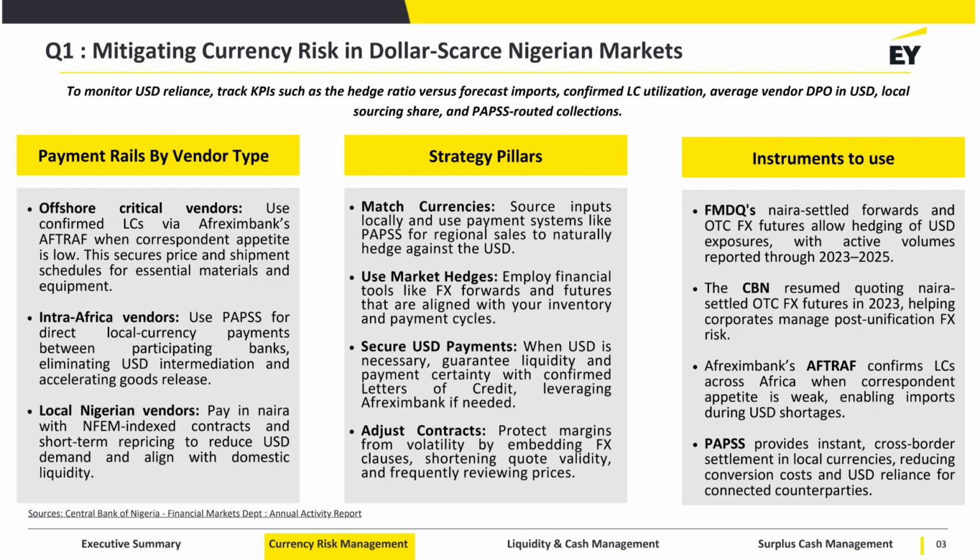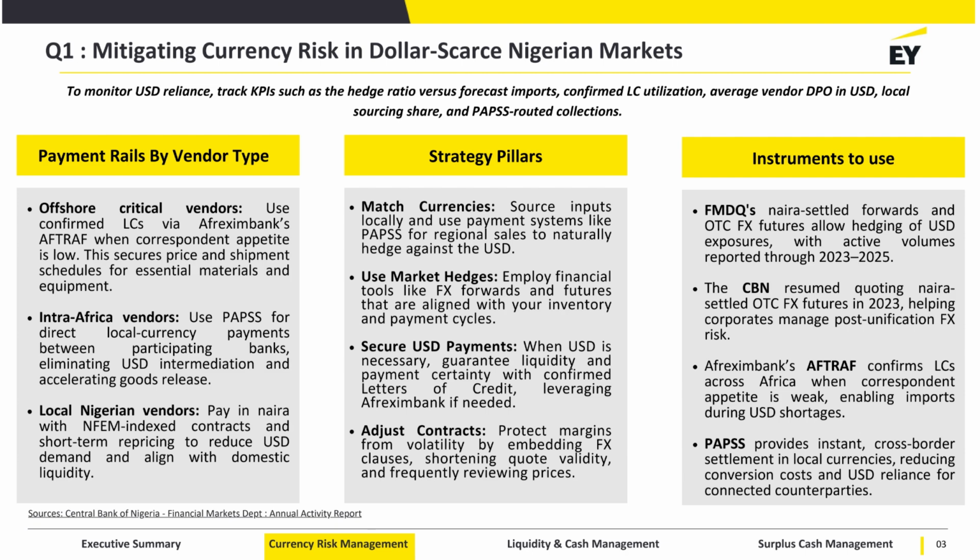Next, we move on to the solution for question 1, which is addressing specific foreign exchange exposure risks in the country of Nigeria. As far as Nigeria is concerned, we first plan on monitoring USD reliance through various KPIs: hedge ratios versus forecast imports, confirmed LC utilization, vendor USD days payables outstanding, share of local sourcing, and PAPSS routed collections are just a few examples.